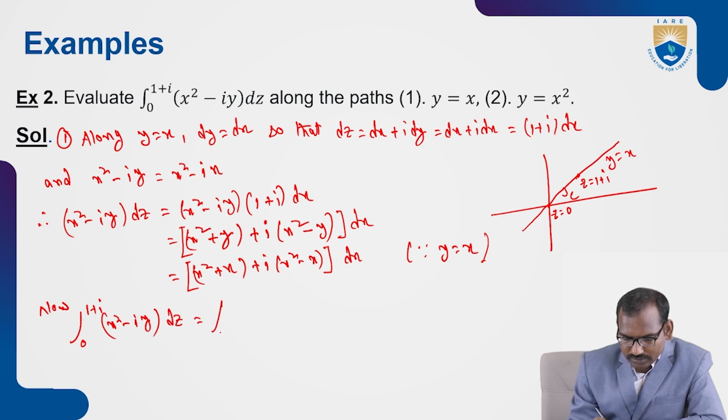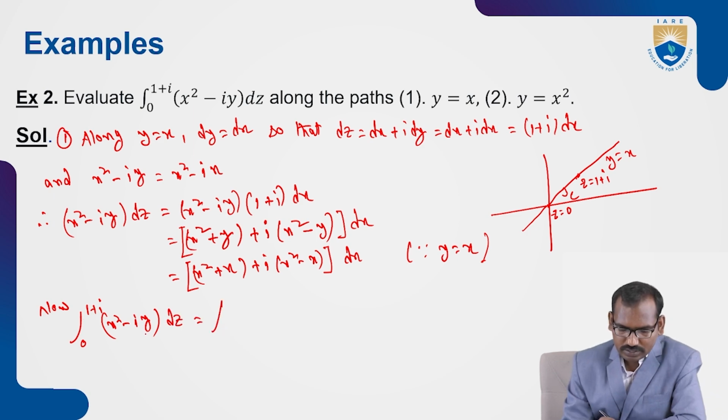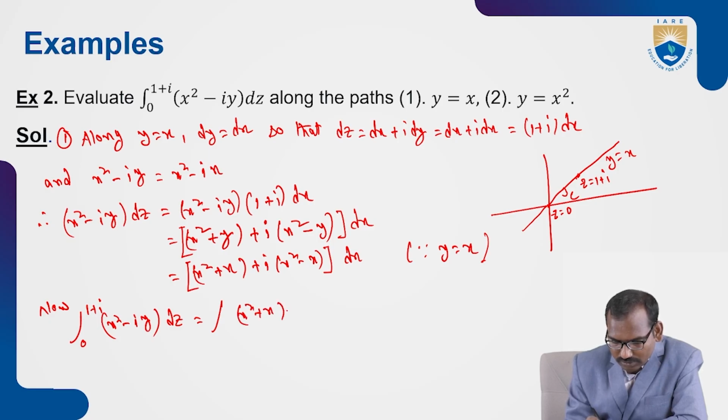I'll write the integral here: x square plus x plus i times x square minus x, for both we have dx. You can observe it comes in terms of x, and at z is equal to 0, the x value is 0. At z is equal to 1 plus i, the x value is 1. In this way you have to write.